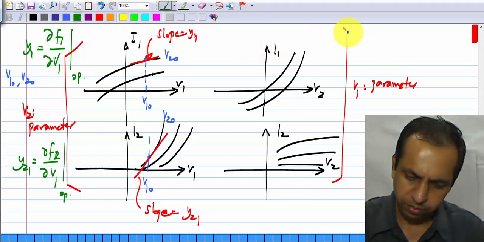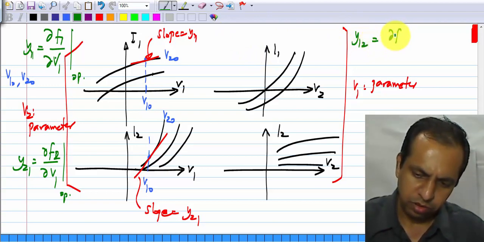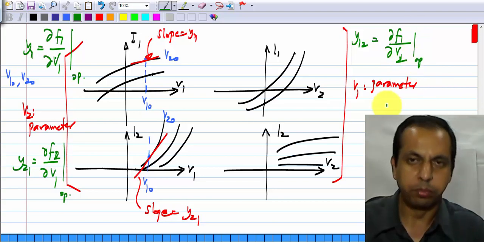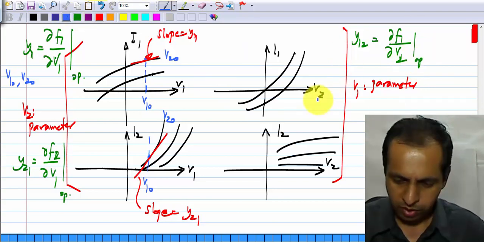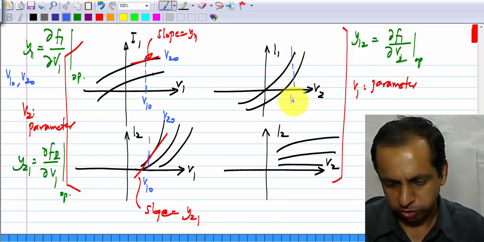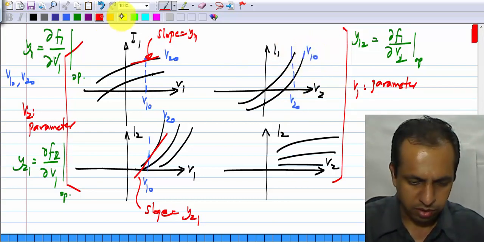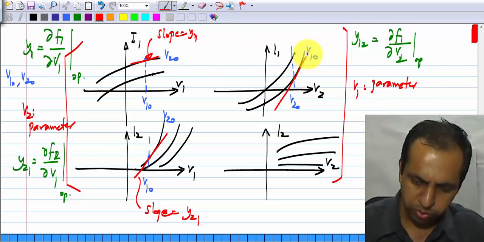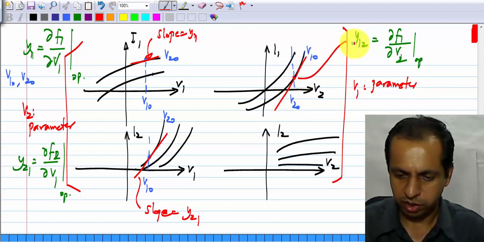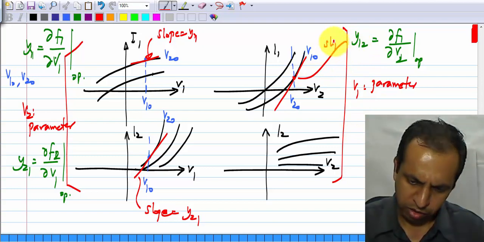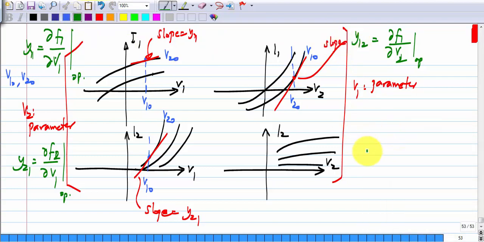Similarly, these 2 graphs give you y12, which is the derivative of f1 with respect to v2 at the operating point. So, here you look at where v2 0 is, you pick the curve corresponding to v1 0, let us say it is this one, then the slope there equals y12 and finally y22 is the partial derivative of f2 with respect to v2 at the operating point.